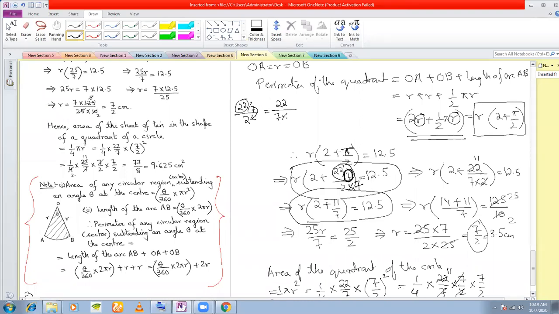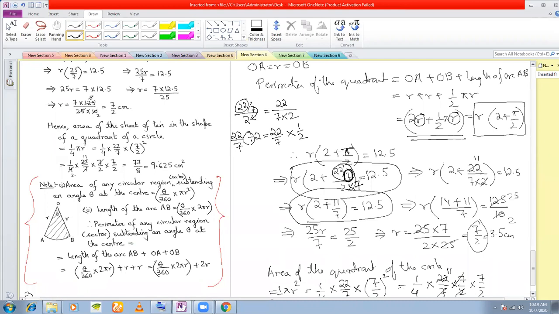It will become 7 into 2. Or you can think of it this way also: 22 by 7 divided by 2. This division changes to multiplication by the reciprocal. Do you understand now? Yes, sir.